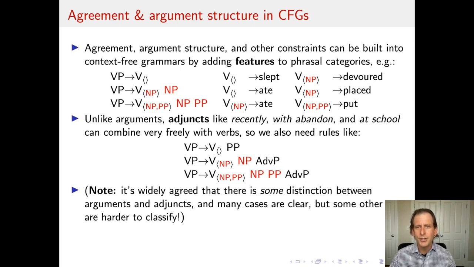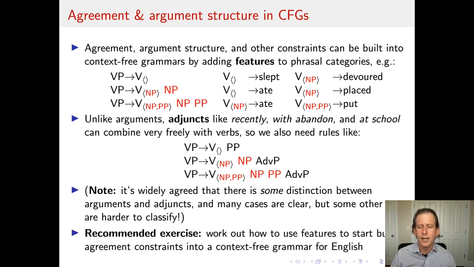And at this point, since you now have a little bit of experience of how you might build in something like an argument structure level specification within a context-free grammatical description, I encourage you as an exercise to try to work out how you would use features to start to build agreement constraints into a context-free grammar fragment for English, so that you can distinguish between is and are and in what contexts each can be used.